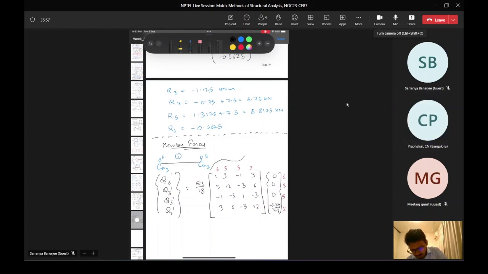Let me use this color. This will give you the forces and moments coming from the deformation. But we have to subtract the fixed end moment from this.